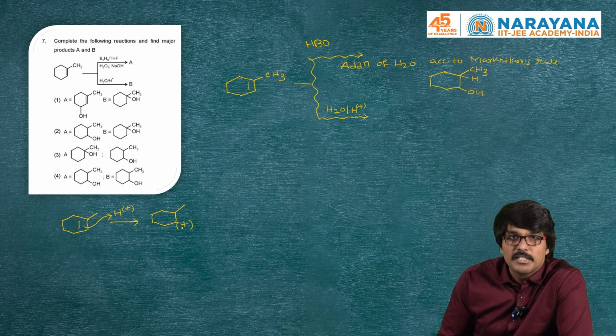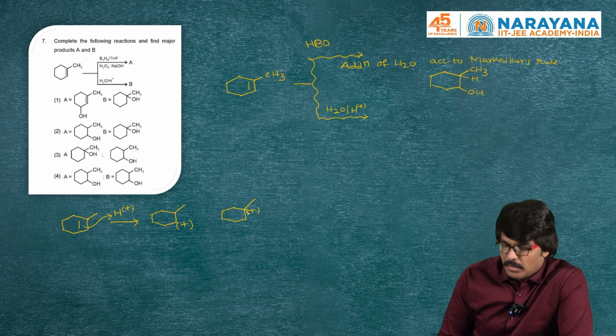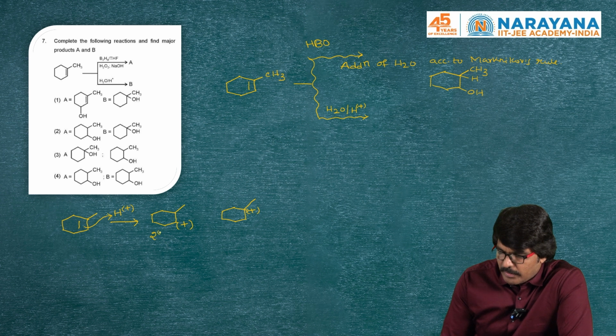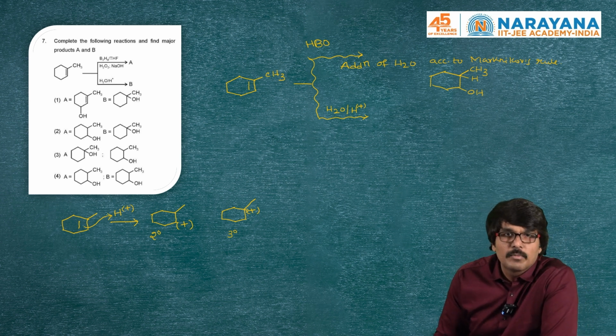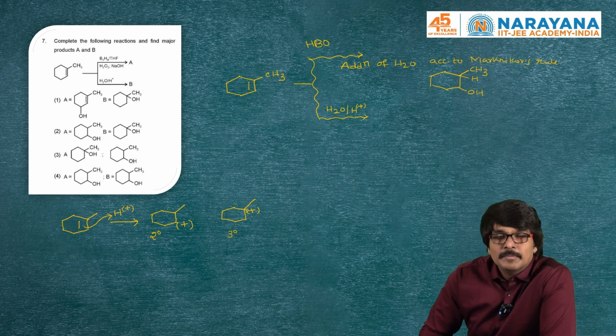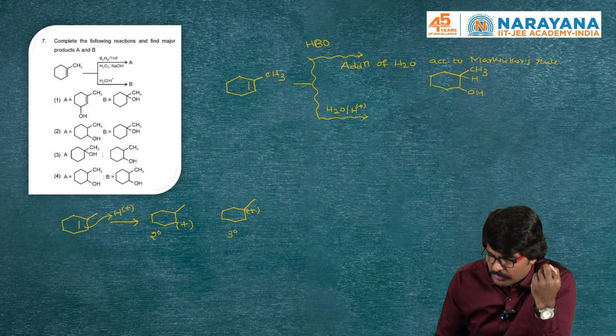This is one possibility, and another possibility is this one. This is a secondary carbocation and this is a tertiary carbocation, and obviously the reaction proceeds through the more stable carbocation intermediate, so the energy of that transition state will be less and the reaction will be faster. So this is the more stable intermediate.